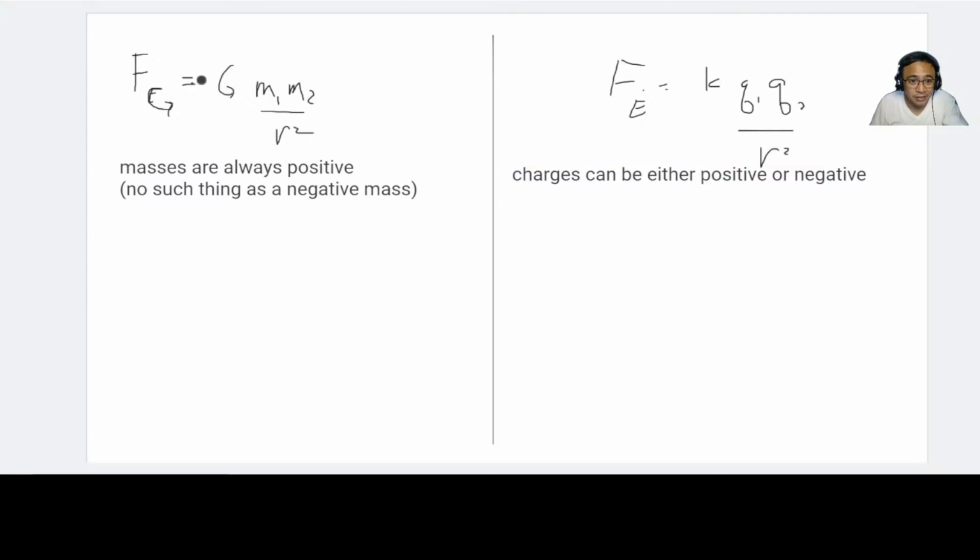There should actually be a negative here, okay? Now, most of the time, even for IB, this negative sign is ignored. But you will see why we need a negative sign in a while, okay?